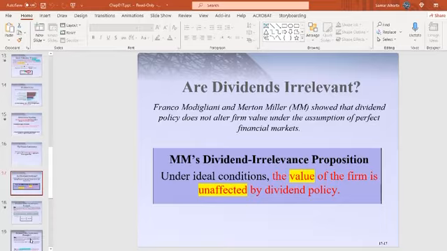Let's go back again to M&M. Dividend policy does not affect the firm value under the assumptions of a perfect financial market. So they assume here we have a perfect financial market. Under these assumptions, the value of the firm is unaffected by dividend policy. So whether you distribute cash or not, whether you cut dividends, this will not affect the value of the company. This is how they argue.